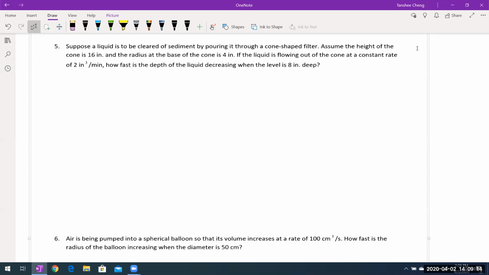So, in this case, here is a cone that I have. Okay. And we know that the height of the cone is 16 inches.